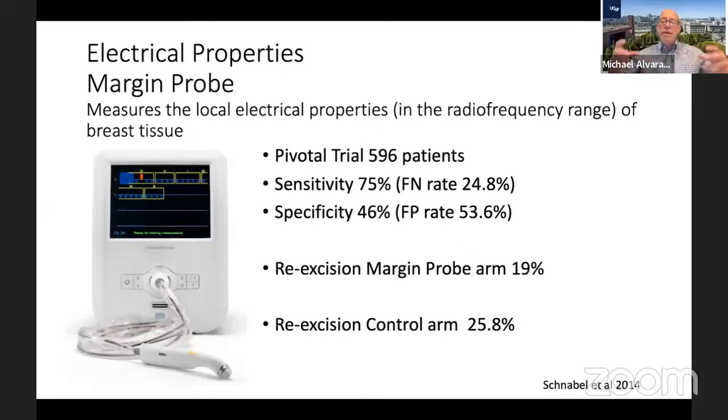about how well these things benefit us in their pivotal trial, you can see the sensitivity rate and the specificity rate. So looking at false negative, false positive, re-excision with the margin probe was 19%, re-excision with the control arm, 25%.